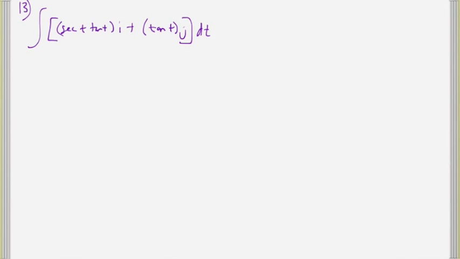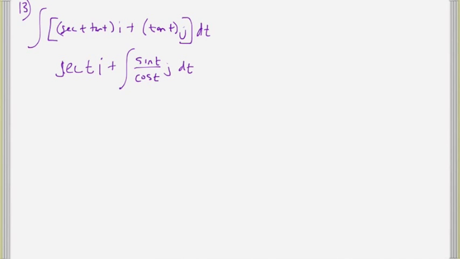To take an integral of a vector valued function, you just take your integrals of your two components. So what has a derivative of secant tangent? Secant. So secant of t for the i. And then what has a derivative of tangent? Oh man, nothing. Okay, so then we need to change this into a sine over cosine.